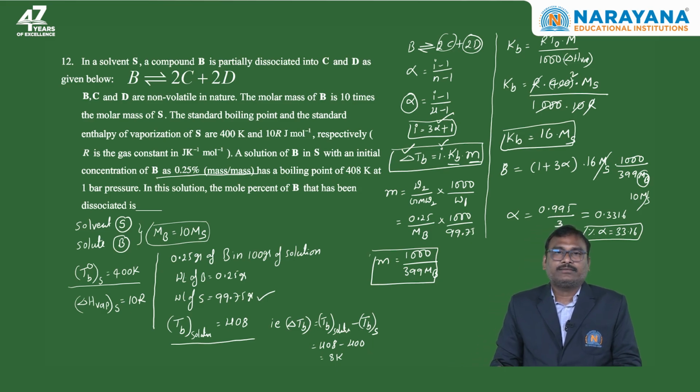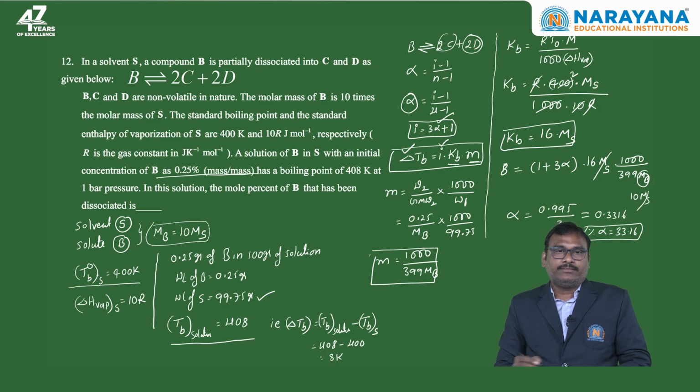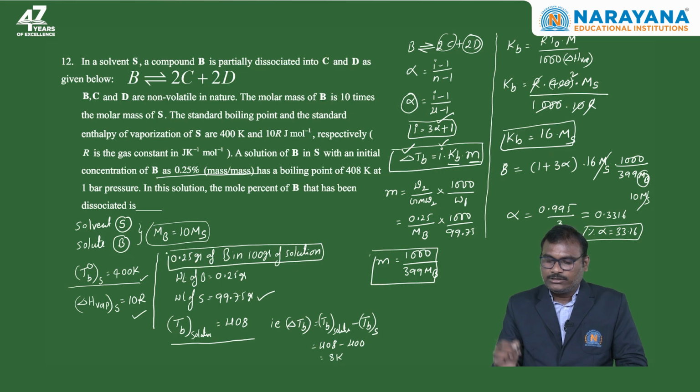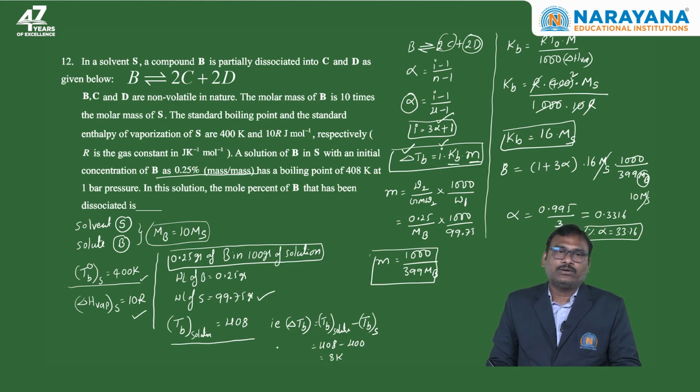This is the question we have from the solutions and colligative properties. From the data first, he gave that the solvent molecular weight is 1 by 10 time of molecular weight of the solute, that is Mb is equal to 10 Ms. He gave the solvent boiling point, he gave the enthalpy of vaporization of the solvent, and he gave one more clue, that is 0.25 weight percentage of solute, that is 0.25 grams dissolved in 100 grams.